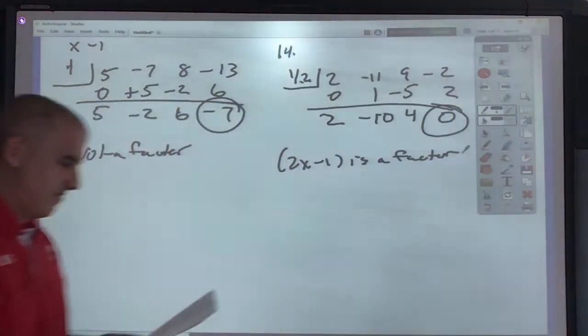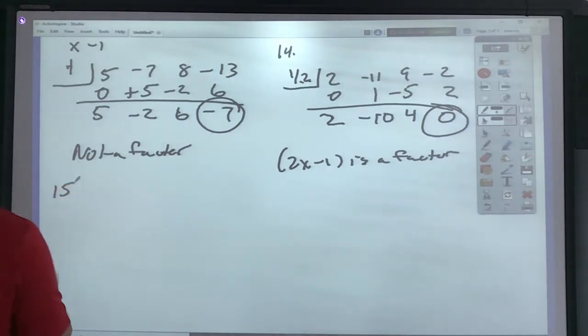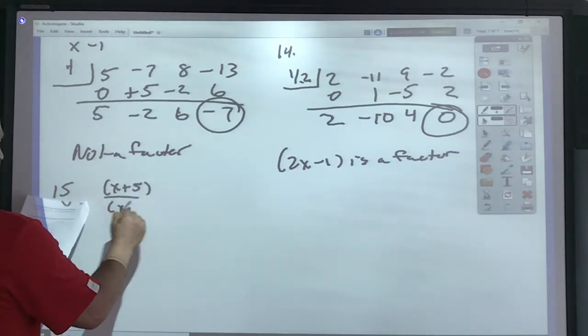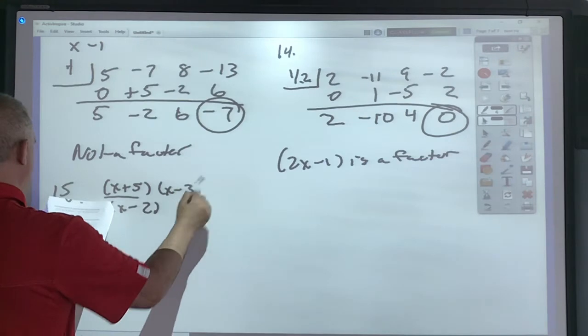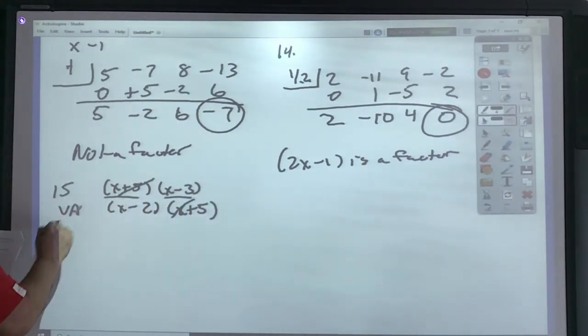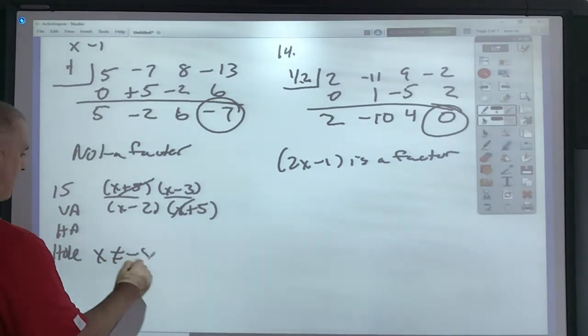All right, 15, get the vertical asymptote. So I got x plus 5, x minus 2, x minus 3, x plus 5. I could eliminate that, so my hole is x can't be -5.